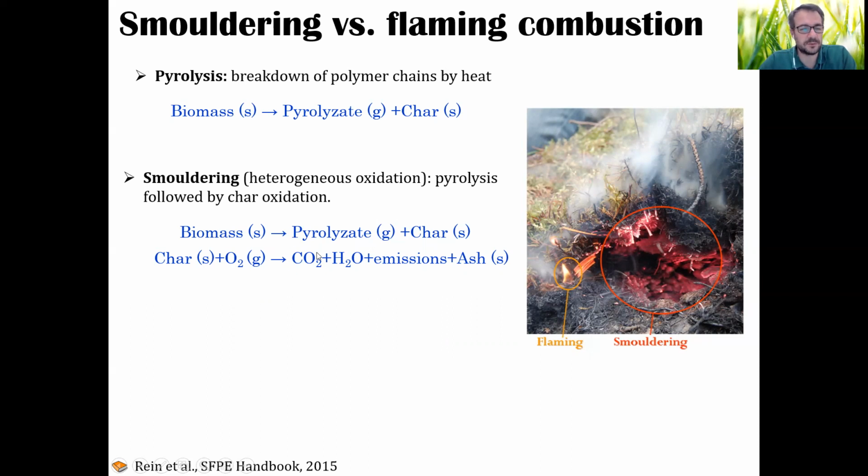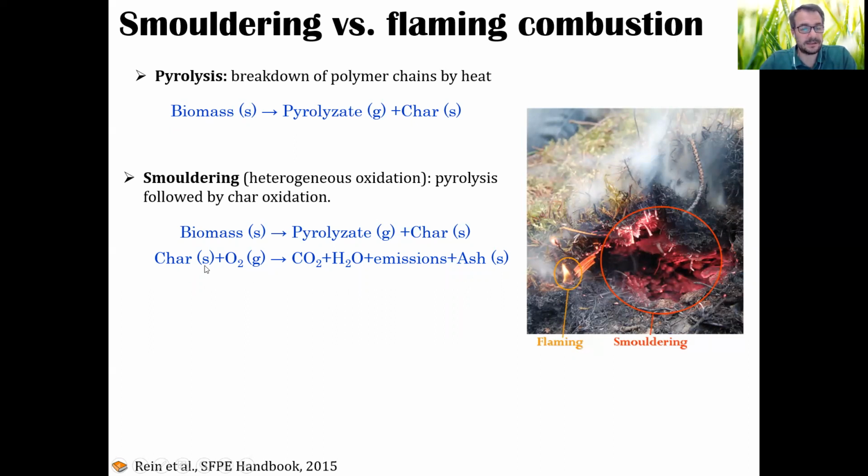And then you will have CO2, the typical product of combustion, and water and emissions, and it will leave behind ash, which is the mineral component of the biomass that cannot burn and will be left in the ground, or will fly away as small particles.